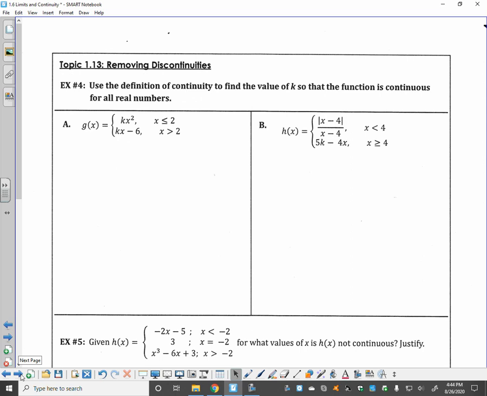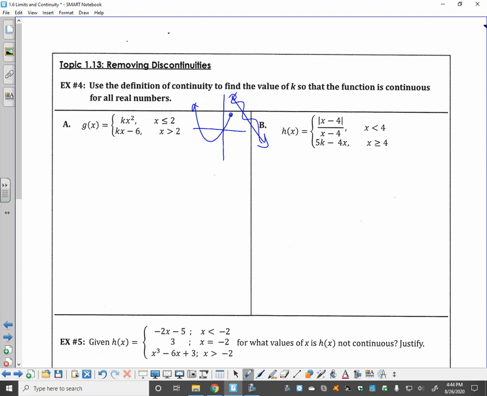Removable discontinuity, piecewise function. Use the definition of continuity to find the value of k so that the function is continuous for all real numbers. Okay, I want this piecewise function to be continuous. What that means is the two pieces of the piecewise function have to meet. They have to connect. If they miss each other, then I'm not continuous. So sometimes piecewise functions do this and it stops, and then you have something doing this, and there's an open circle there, and they don't meet.